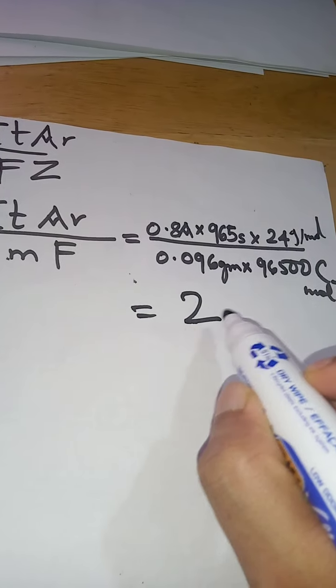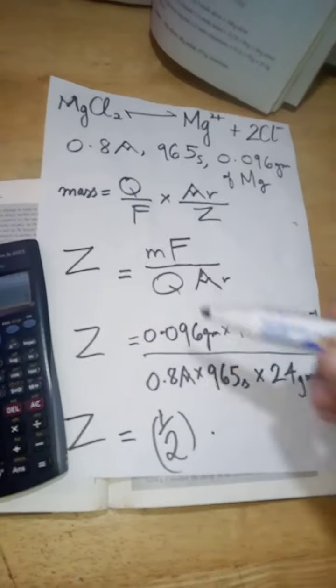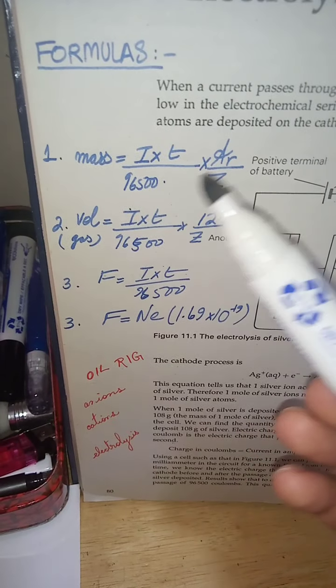So the oxidation number was 2, positive 2. It wasn't negative 2, it was positive 2. I'm sorry, I flipped it the wrong way, so I apologize. But this is the correct rearrangement of this equation. So this is M equals Q over F times Ar over Z.